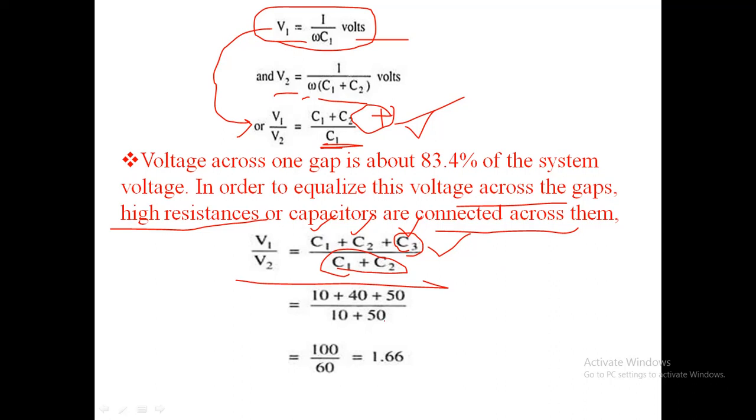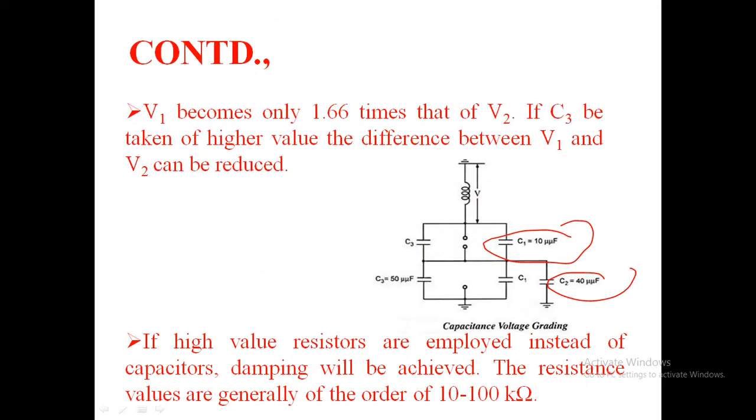If the question arises why only C1 in the denominator, it is because C1 is only the fixed contact, whereas the capacitances are added in the moving contact, so that is why C1 plus C2. Applying the values, I am getting 1.66 times that of V2, so V1 will be equal to 1.6 V2.